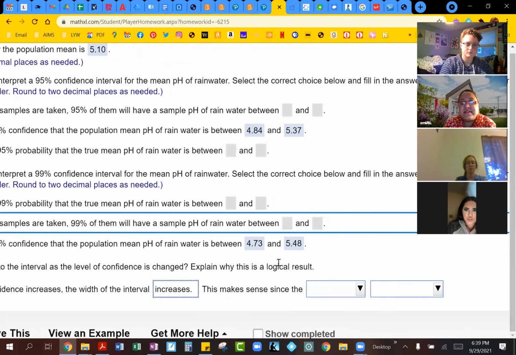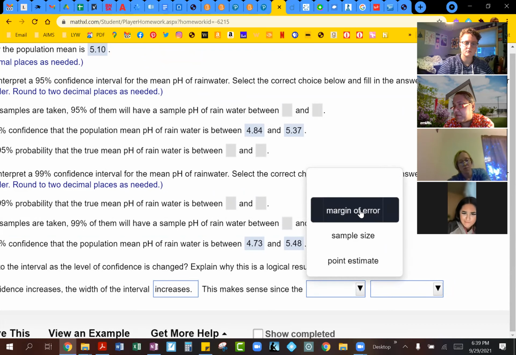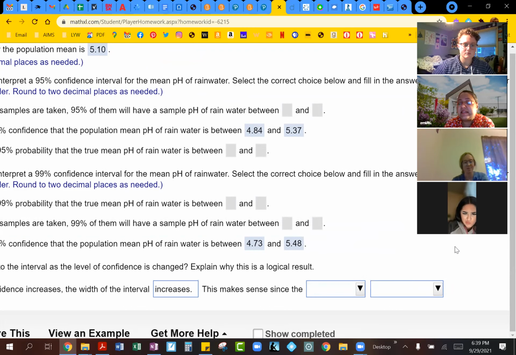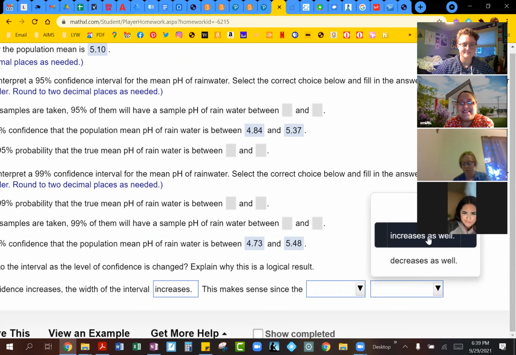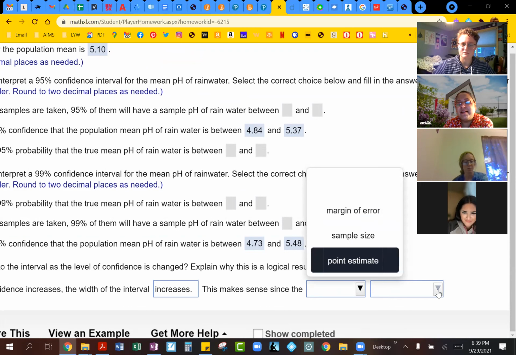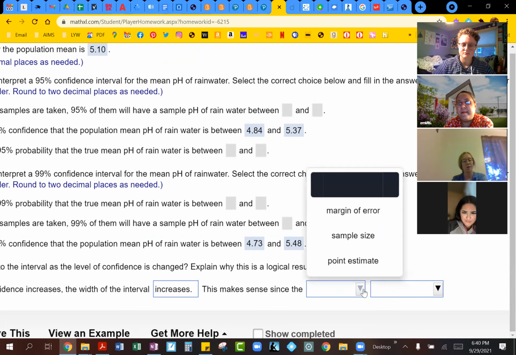The width increases, and they're saying this makes sense since, and you have to choose, is it the margin of error, sample size, or point estimate? So think about this. Did our point estimate change when we changed our confidence interval? That was the population mean.